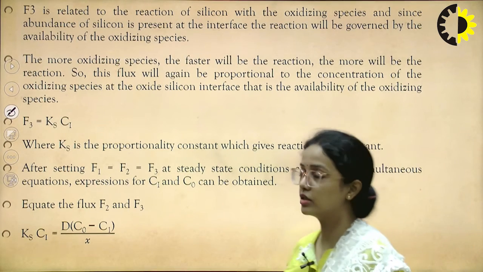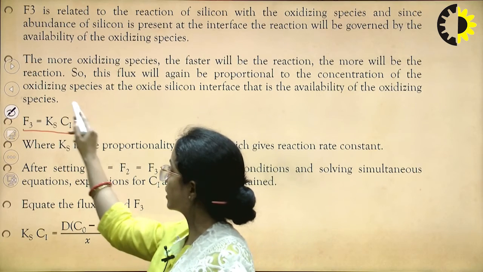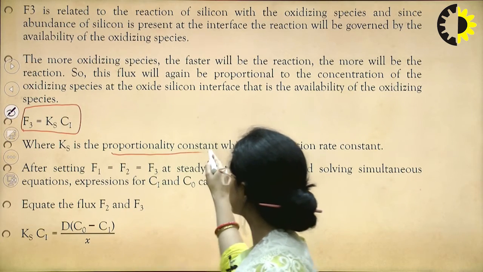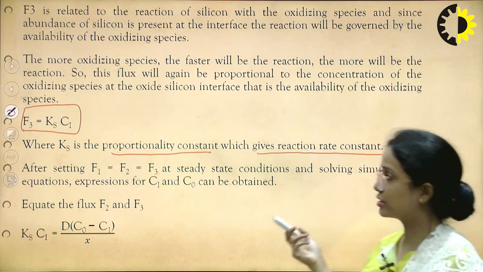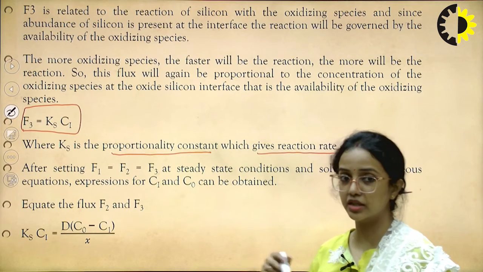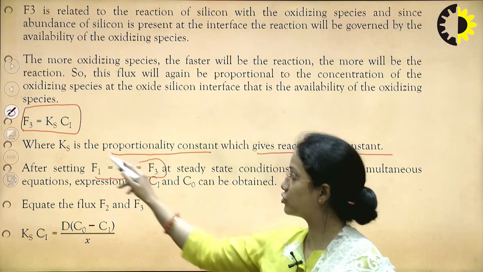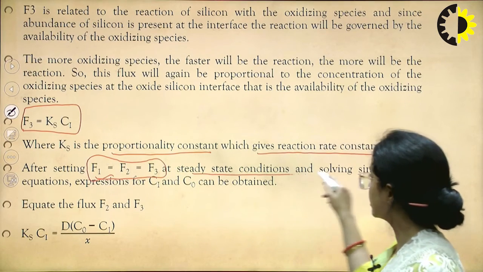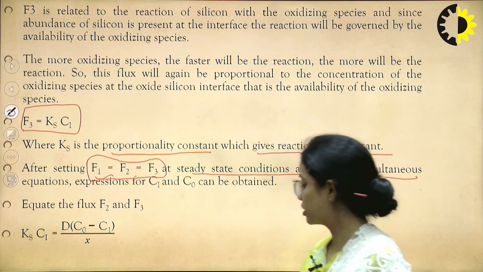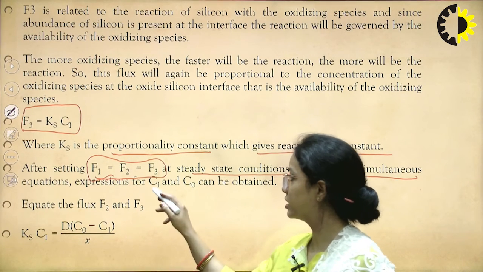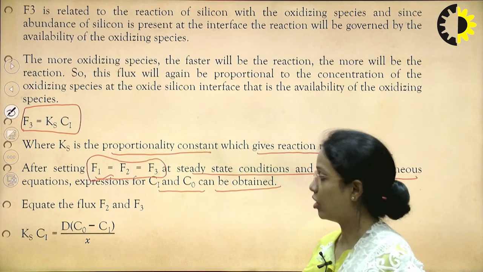Now here comes the third equation, which is F3 equals Ks times Ci. Ks is again a proportionality constant, giving the reaction rate, and Ci is the concentration at the inner surface. After we achieve the relation where F1 equals F2 equals F3, a steady state condition is achieved, and by solving the equations we get Ci and C naught. The values of Ci and C naught can be obtained.